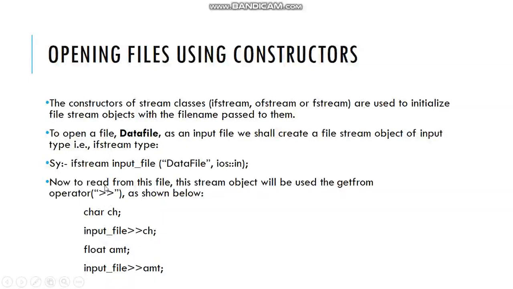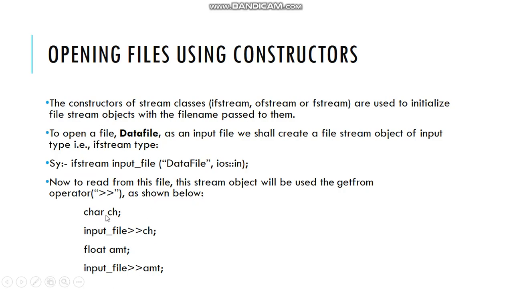This part we will understand in the later slides of our presentation, which give us a table of constants, but for now you can understand it as file mode constants. Now the last point is, to read from this file, this stream object will use the get from operator, which is this symbol as shown below.